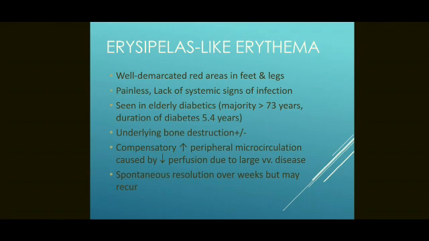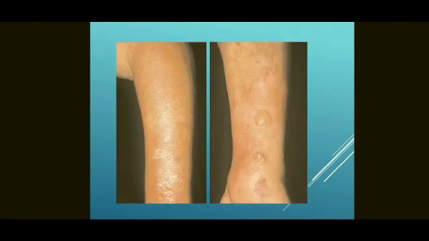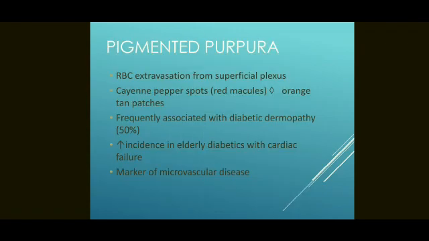It is due to compensatory increased peripheral microcirculation caused by decreased perfusion due to large vessel disease. Spontaneous resolution may occur over weeks, but it may recur. This is the diffuse erythema of the extremities with a few areas showing bullous eruptions.